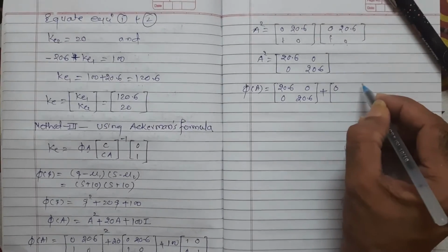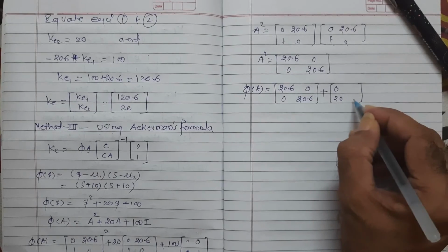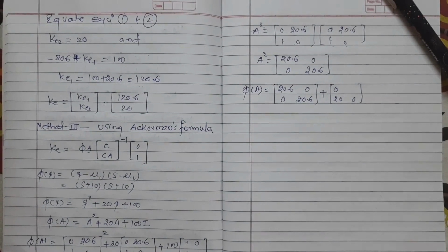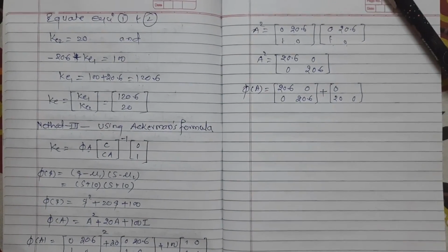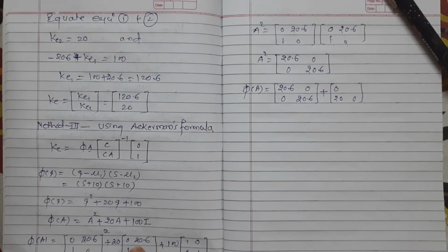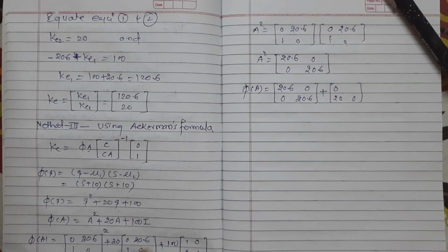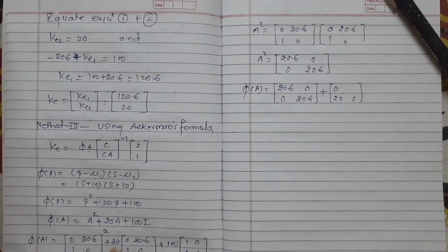Now see here, we will write down this value here. 1 into 20 is 20, 0 here. So this becomes 412, I think.